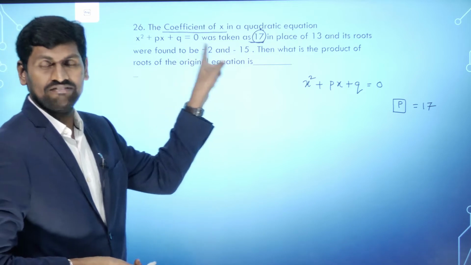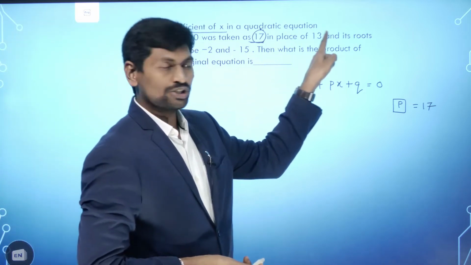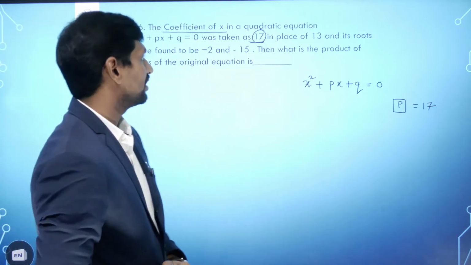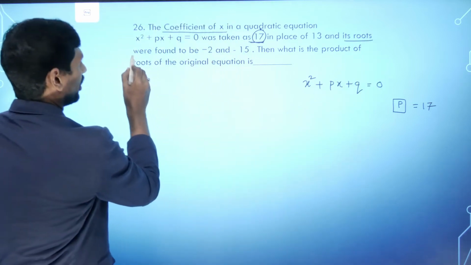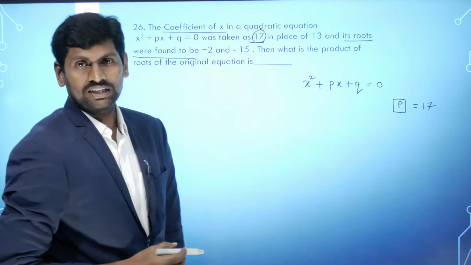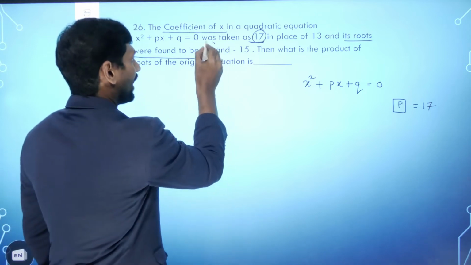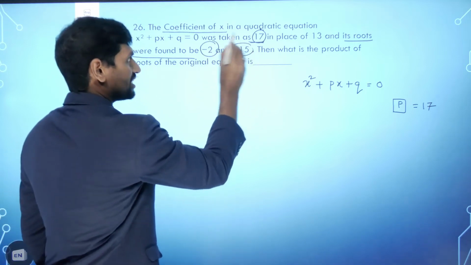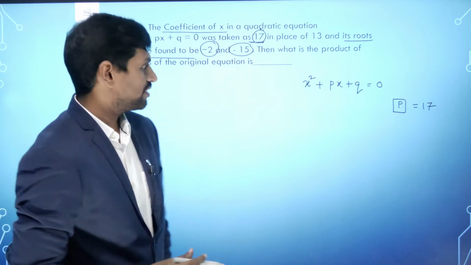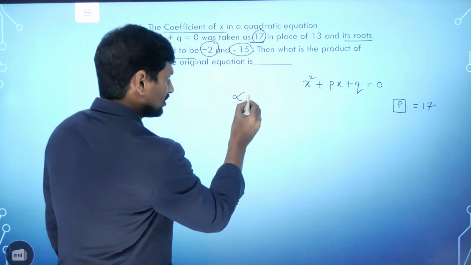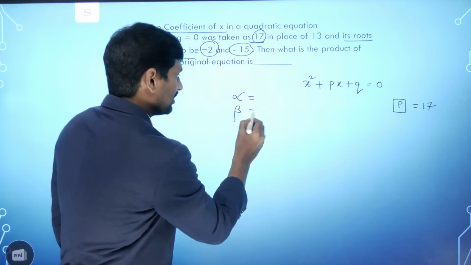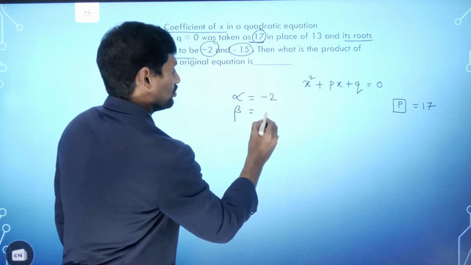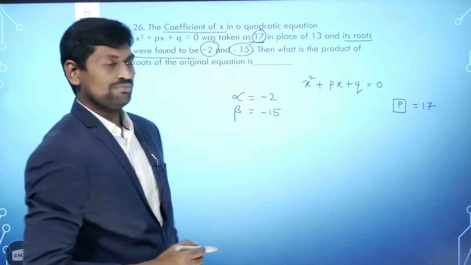If you take 17, its roots were found to be minus 2 and minus 15. One of the roots we take as alpha, the second one as beta.